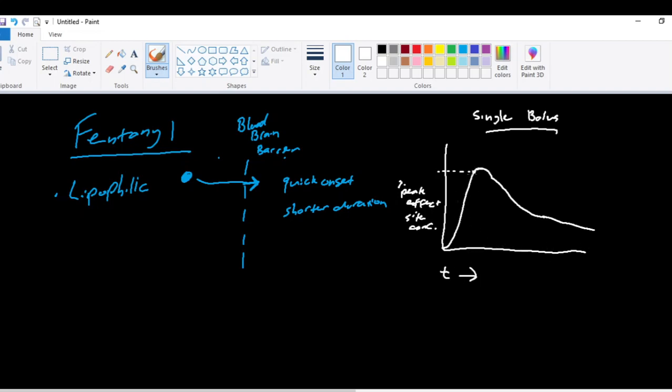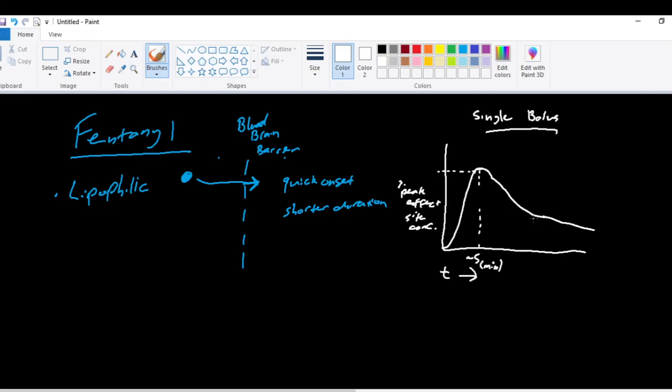However, we'll start off here by discussing the peak effect site. So the time to take effect, or the onset of fentanyl, is usually around 5 minutes. And this is minutes. So that's the onset of fentanyl if we give a single bolus.